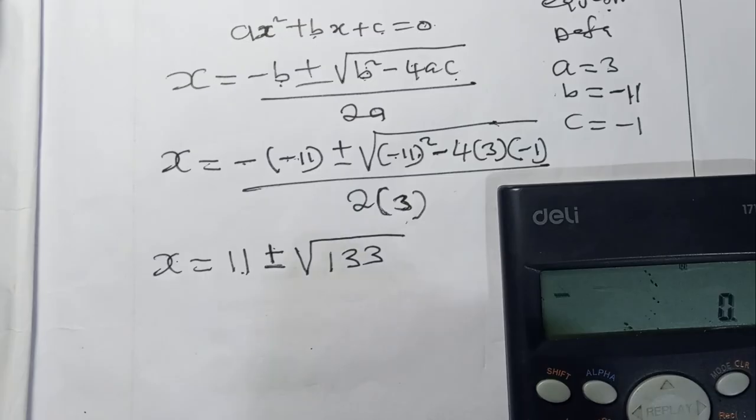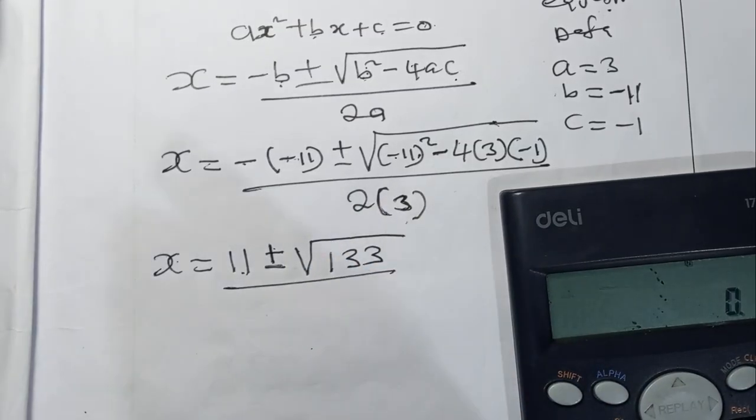So that is 133, all over 3 times 2, which is 6.